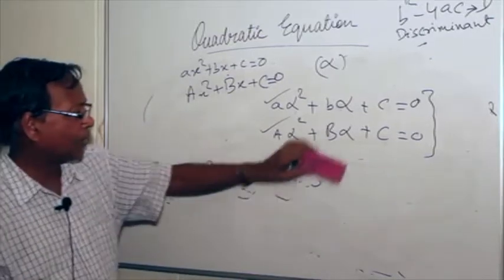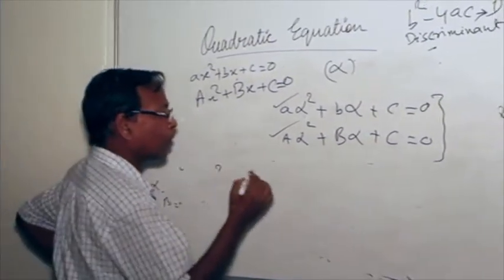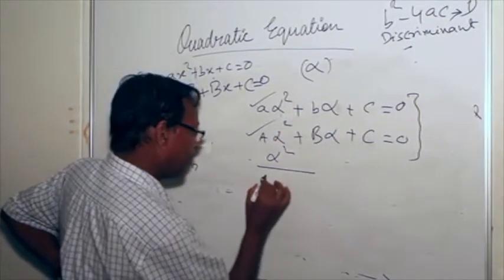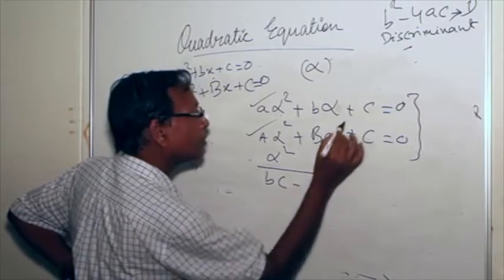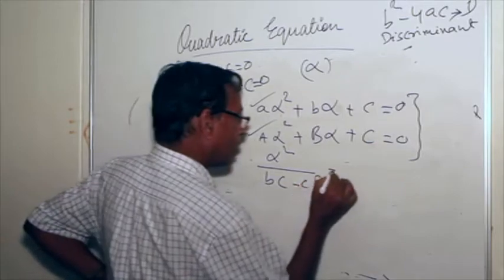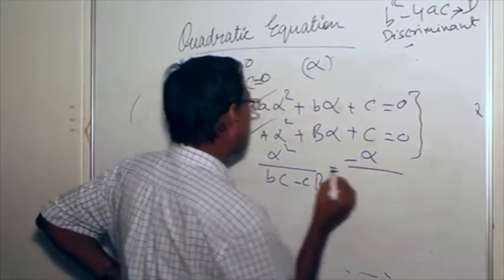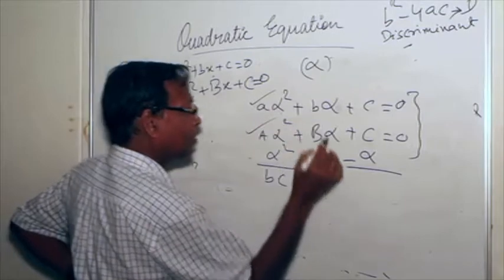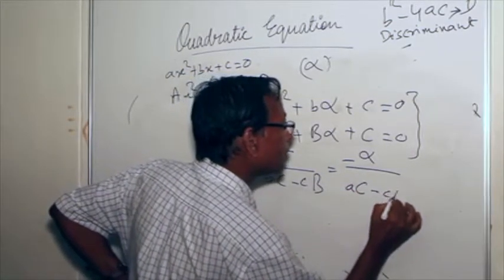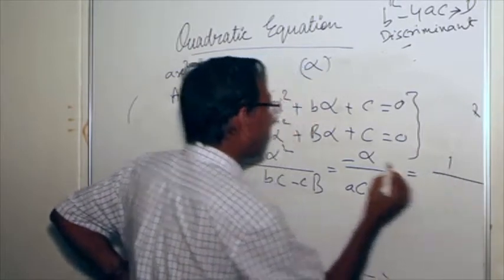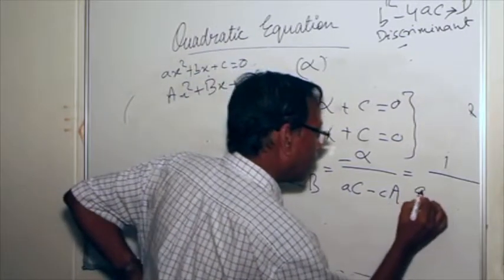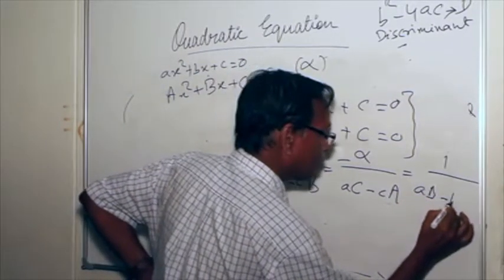So by solving these two, we can get an important formula: alpha square by (b1c2 minus b2c1) is equal to minus alpha by (a1c2 minus a2c1), which is equal to 1 by (a1b2 minus a2b1).